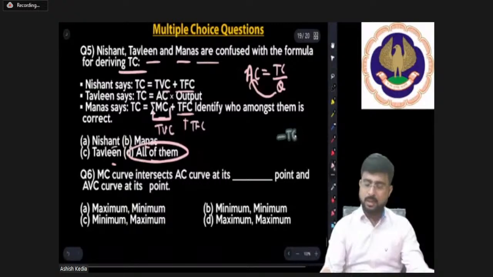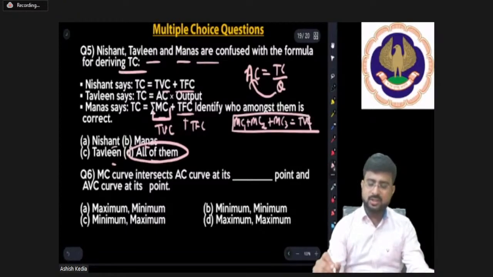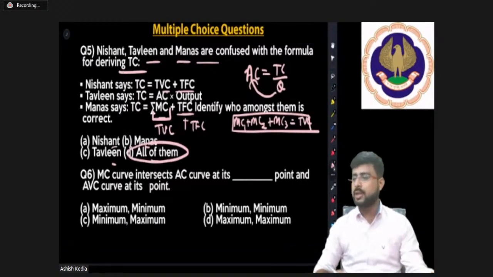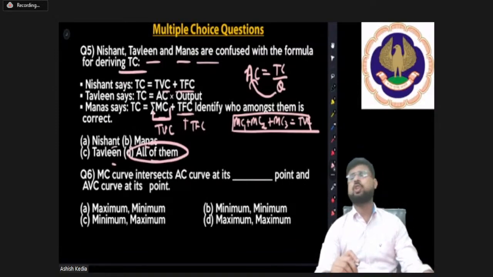Because remember, when you add all the marginal costs, write it down. When we add all the marginal costs, what do we get? We get total variable cost. Write it down. Sum of marginal cost equals total variable cost. Come on, everyone. You have to acknowledge this.